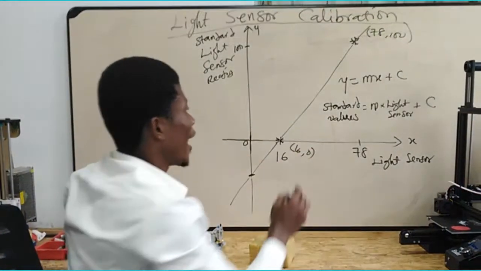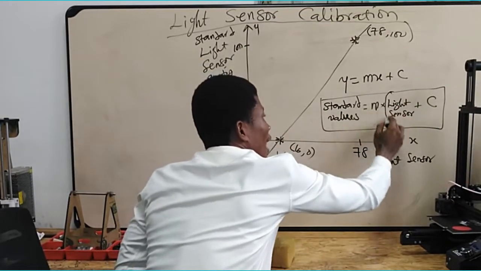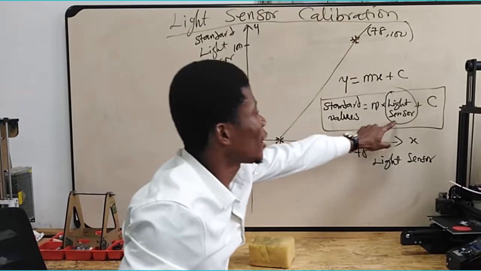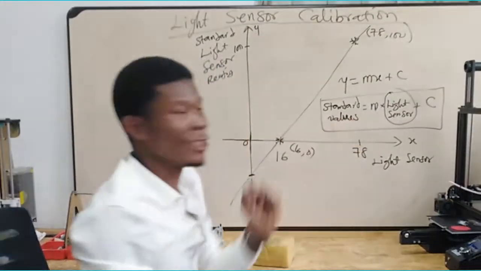I can then use this equation to standardize the values coming from my light sensor. That is, I multiply the light sensor values by a gradient m and then add a C to it.